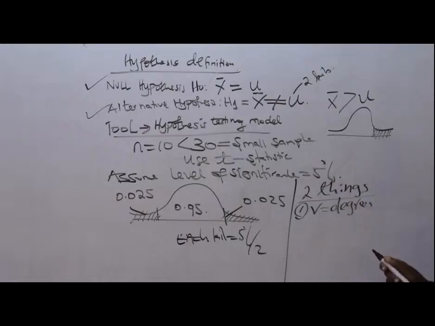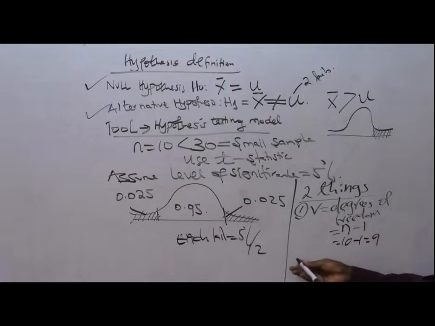To get degrees of freedom, we normally talk of n minus 1. In this particular case, we're told n is 10. So it will be 10 minus 1, which gives me 9.